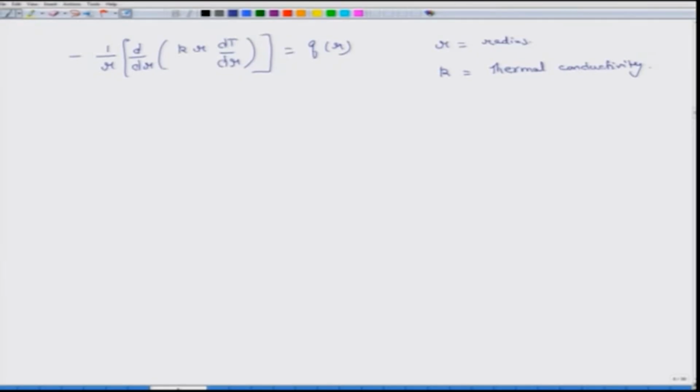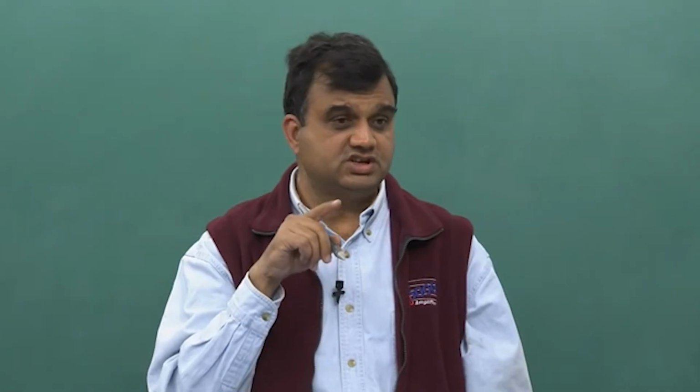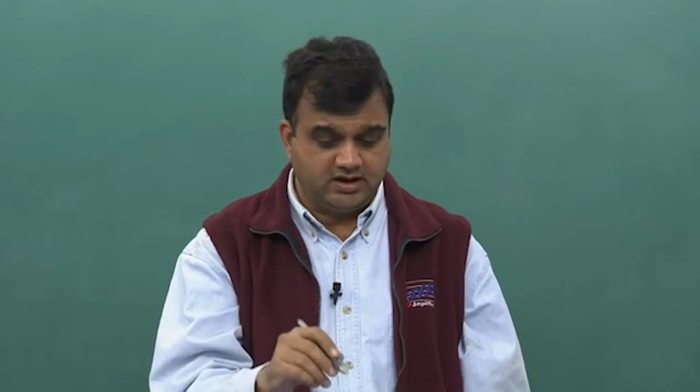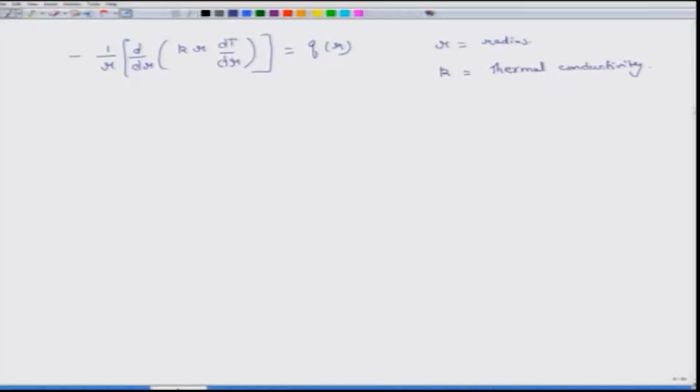and this thermal conductivity does not change with theta direction, but it can change in radial direction. That is why it is in the brackets, otherwise it would have been a constant and it would have been out of the brackets. And q is thermal load or heat generation rate, I will say.